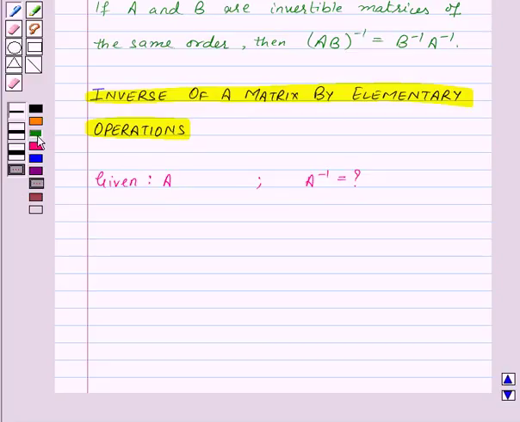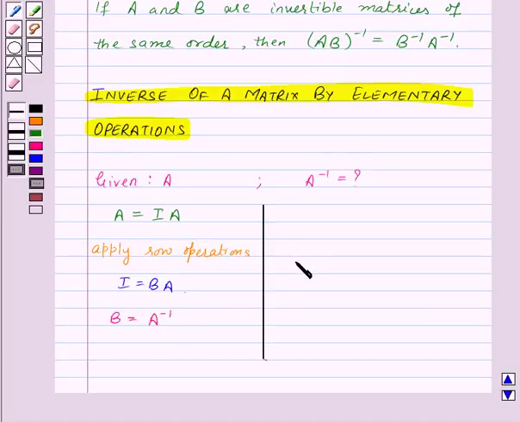Now, if we want to find out A inverse using elementary row operations, then we will write A equal to I into A, where I is an identity matrix. Then we will apply a sequence of row operations on A equal to I into A till we get I equal to B into A. Here, the matrix B will be the inverse of A.